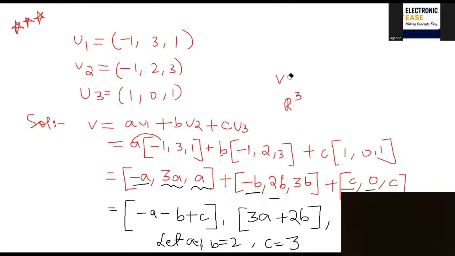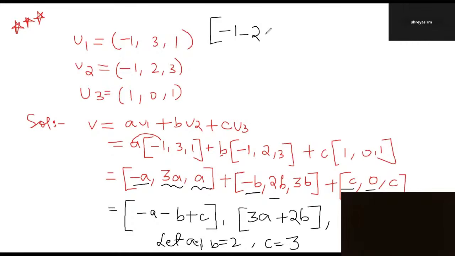Shreyas, tell me what is the first term value, if I substitute a as 1, b as 2 and c as 3. Minus 1, minus 1, minus 2, plus 3. What will it become?